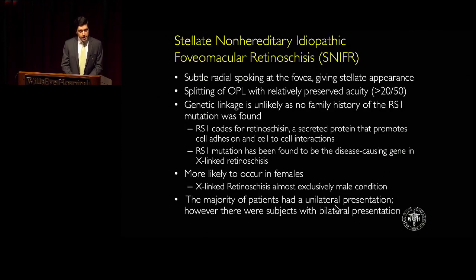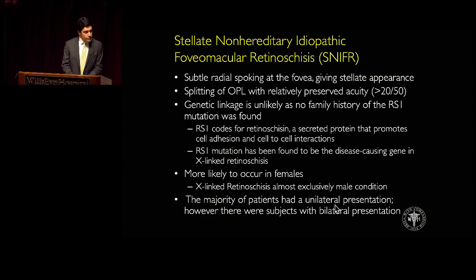So SNIFFER alludes to this subtle radial spoking pattern seen at the fovea, giving it the stellate appearance that the terminology comes from. It's a splitting of the outer plexiform layer with relatively preserved visual acuity, as we've said, better than 20/50.